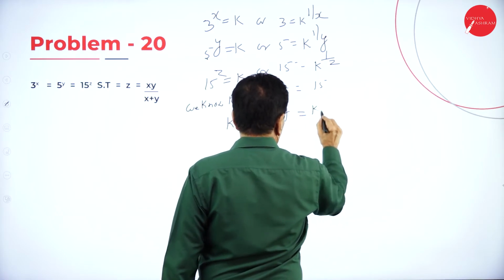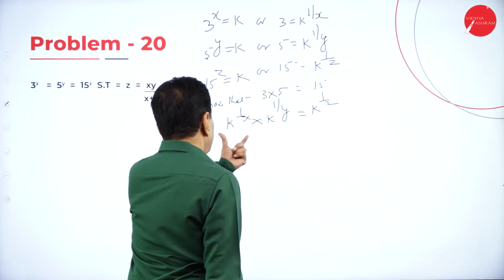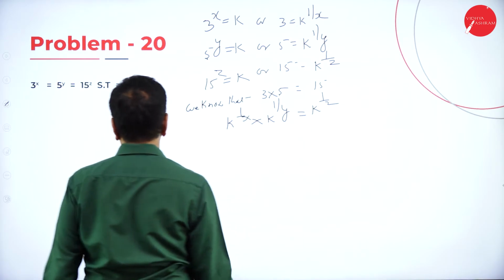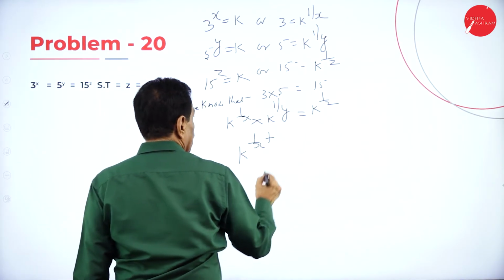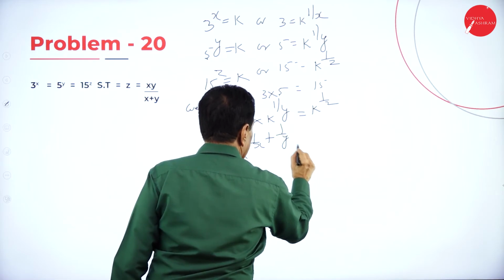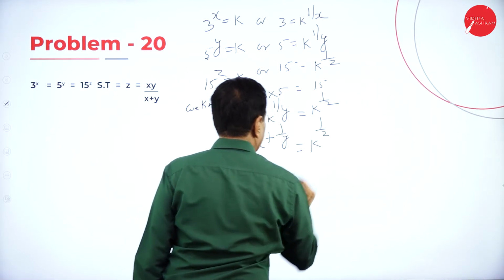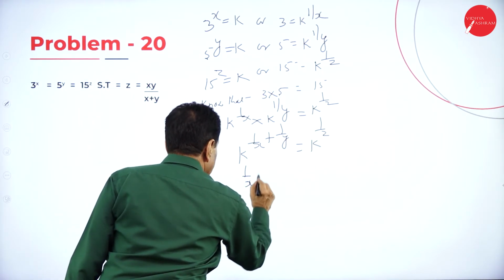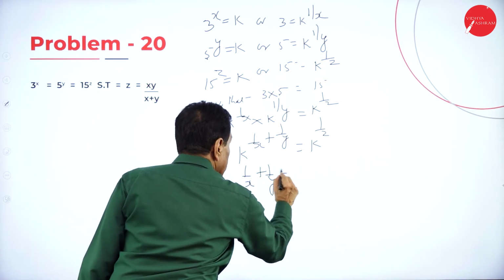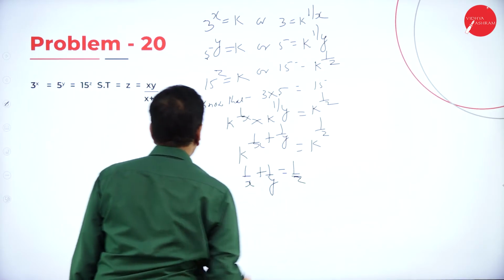K to the power of 1 over z. When the base is common, the exponents can be added. This is k to the power of 1 over x plus 1 over y is equal to k to the power of 1 over z. Here k is common, so you can write 1 over x plus 1 over y is equal to 1 over z.